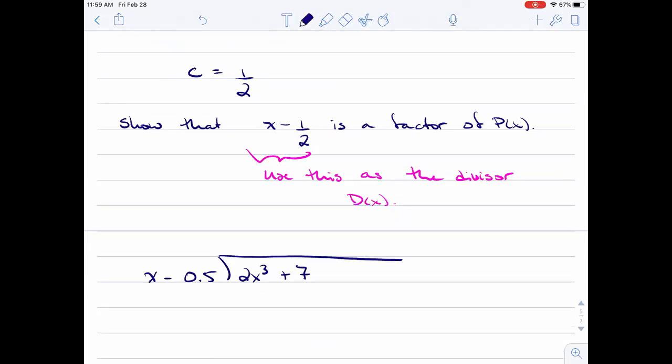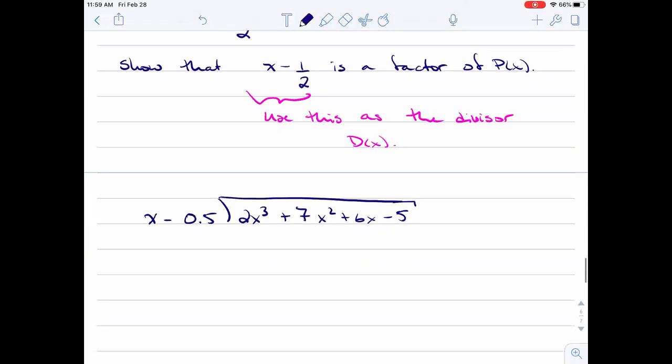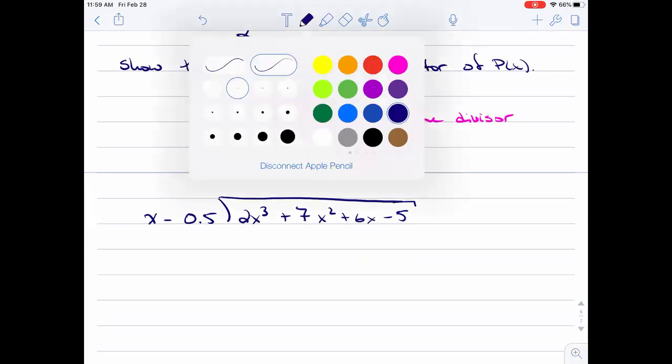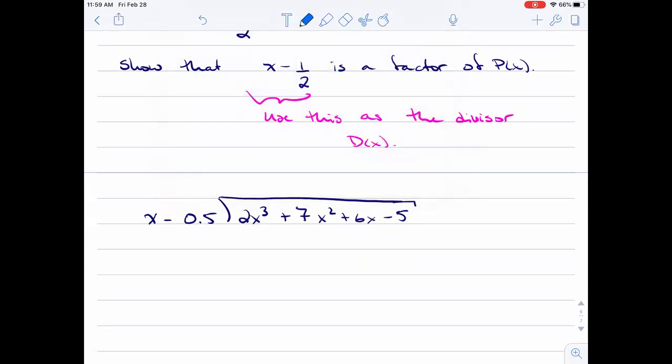So what did we say? 7x squared plus 6x minus 5. Okay, we'll do the same thing. How about I'll see you on the other side of this thing.